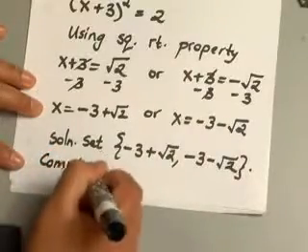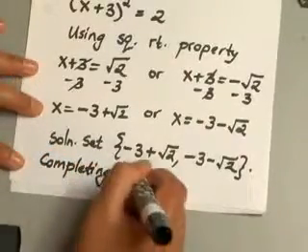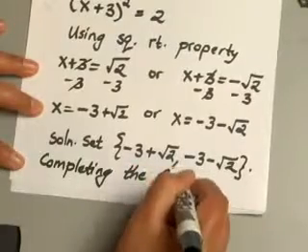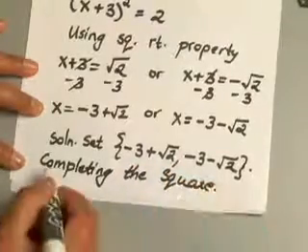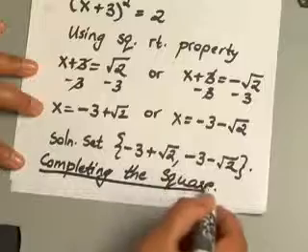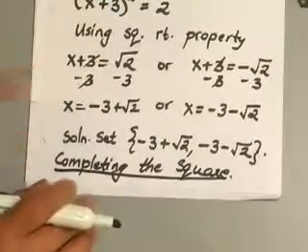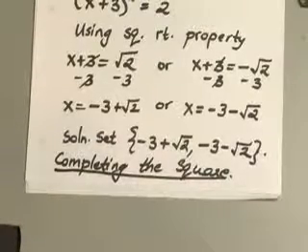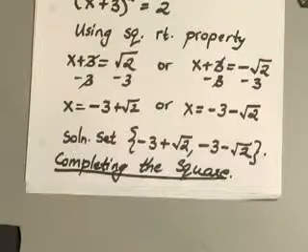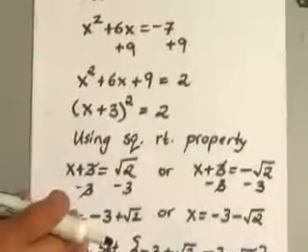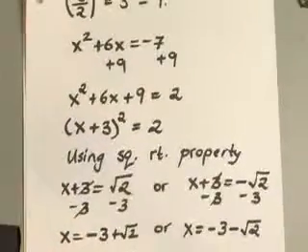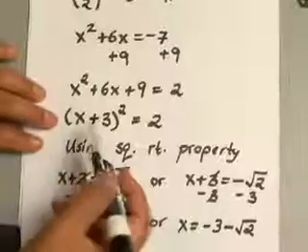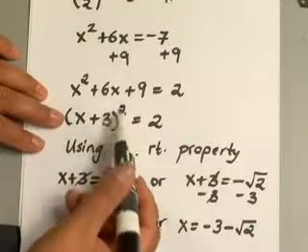So this process is what we like to call completing the square. And what that really does is just change the form of your equation, but it does not change the value of your equation.